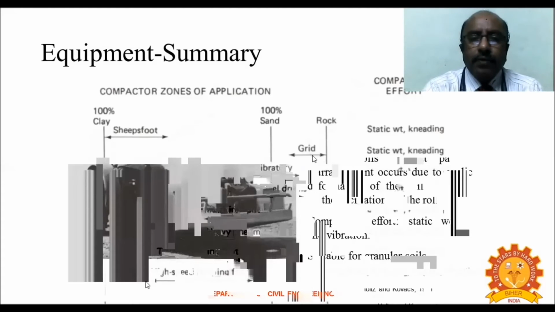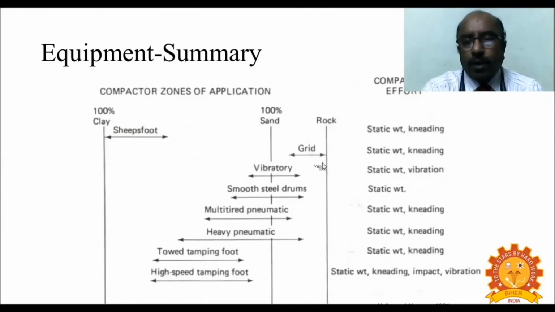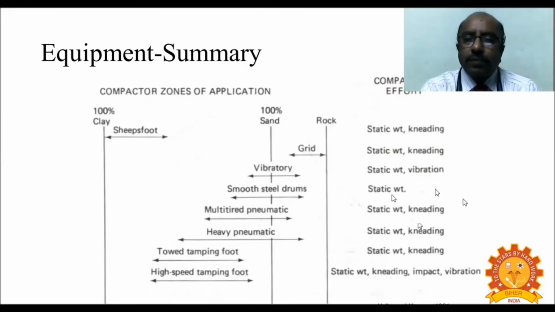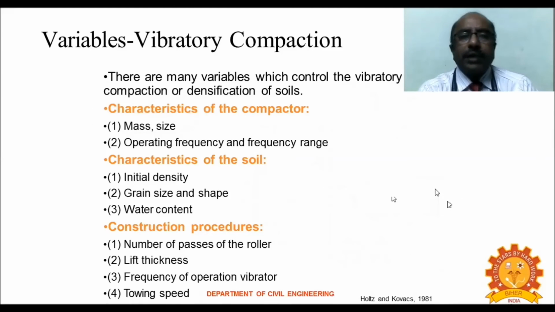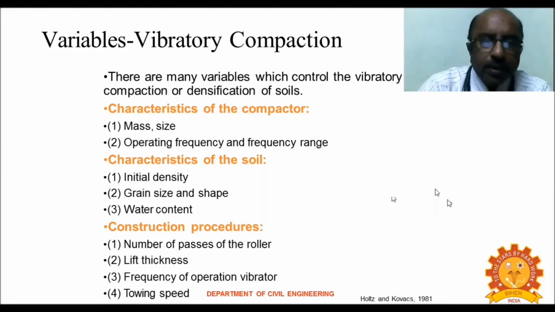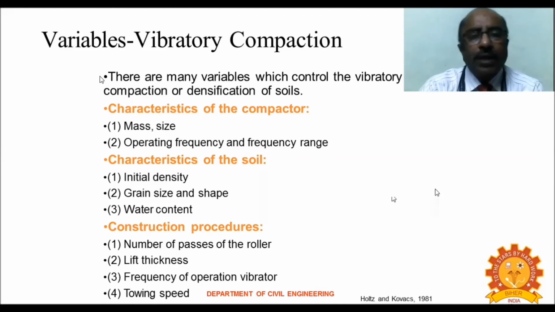And in case of rock, you can go for a grid roller. In all the cases, you can see there is static weight and then kneading, and in some cases, static weight and vibration. So this will be helpful for selecting a particular method that is efficient for the soil.